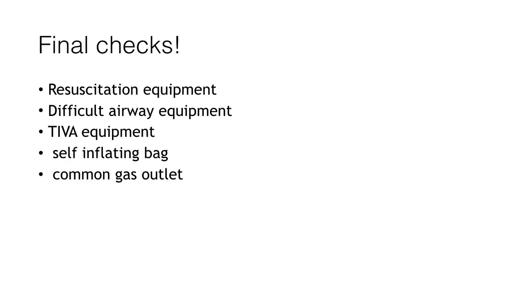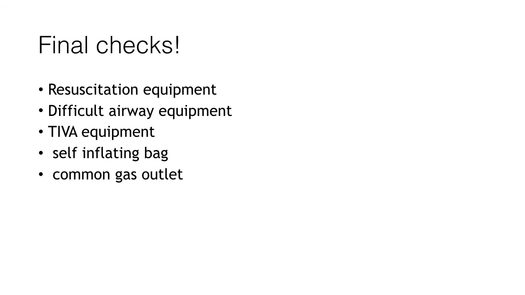So the final step in the anaesthetic machine check is to double check a few different things. So you need to check that you have resuscitation equipment available. So you want to know where your resus trolley is. You need to double check again that you have difficult airway equipment available.